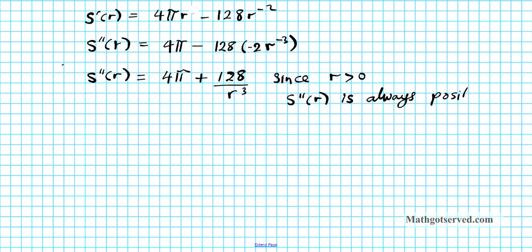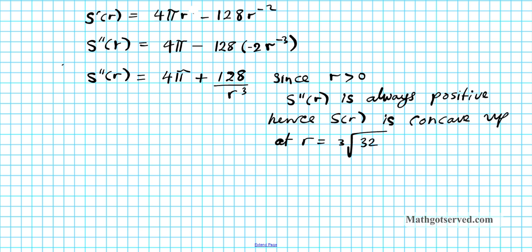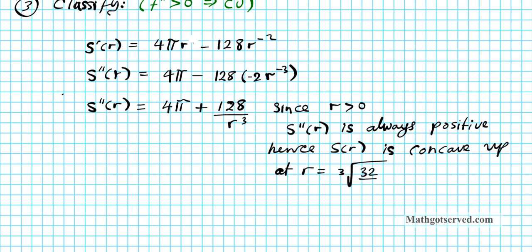We don't even actually have to check it, because this expression shows us that whatever value of r we plug in, as long as it's positive, the resulting answer will be positive. So S double prime is always positive, hence S of r is concave up. It's concave up at r equals the cube root of 32 divided by pi, and a minimum exists here.